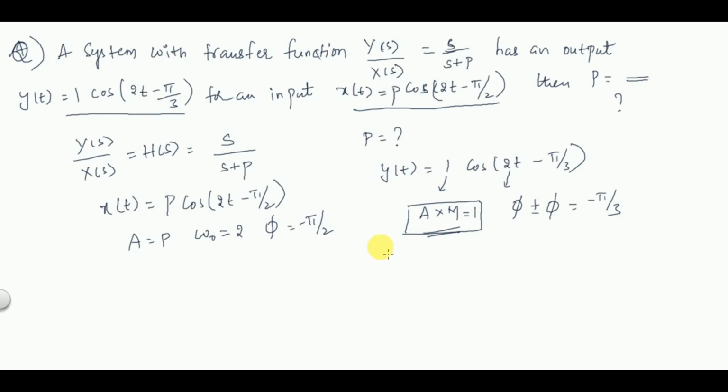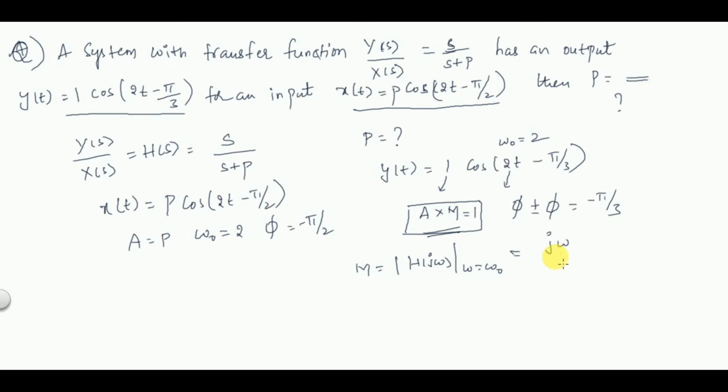Okay, so what is M here? M is given by the modulus of H of j omega at omega equal to omega naught. So here omega naught is equal to 2, cos of omega naught t. So not only sinusoidal, if it is cosinusoidal also, the same concept can be applied. If the input is cosinusoidal, then the output is also cosinusoidal, only changes with respect to amplitude and phase. First of all, you have to find H of j omega by substituting s equal to j omega.